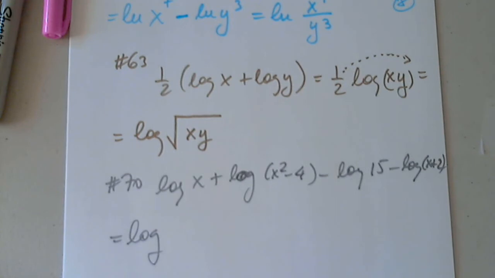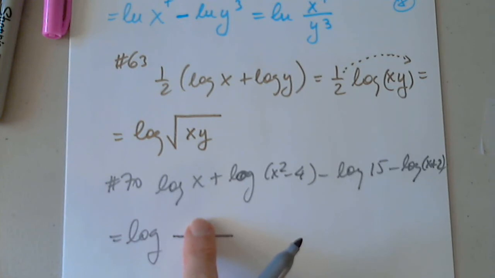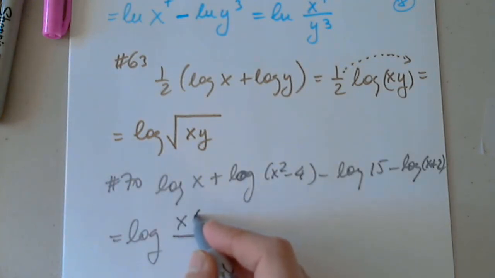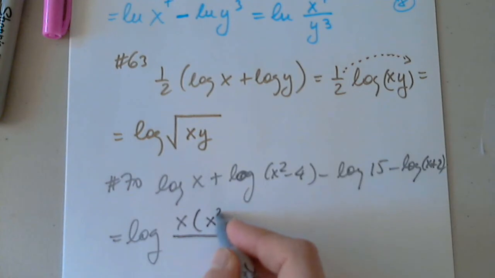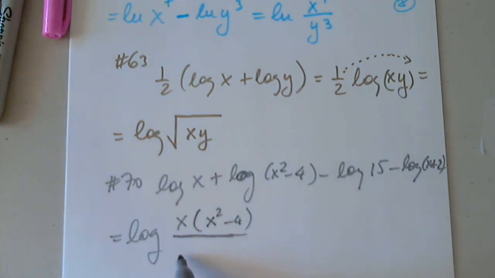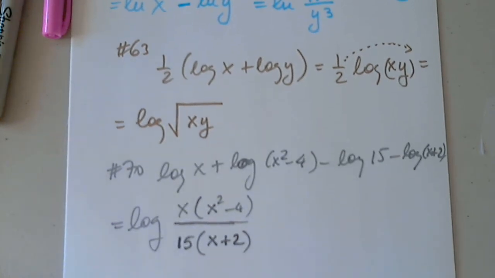Log of what? x on top times x squared minus 4 over 15 times x plus 2. That's it.